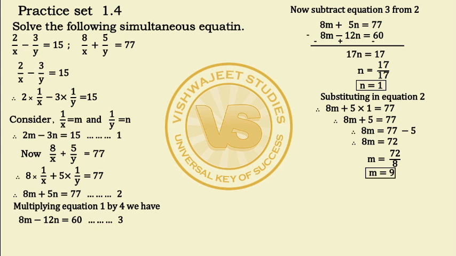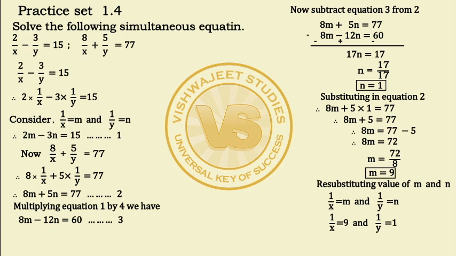As we considered, resubstituting the values of m and n, we get 1 upon x is equal to m and 1 upon y is equal to n. Instead of m, write 9 in the equation. Instead of n, write 1 in the given equation. So, we get 1 upon x is equal to 9 and 1 upon y is equal to 1.